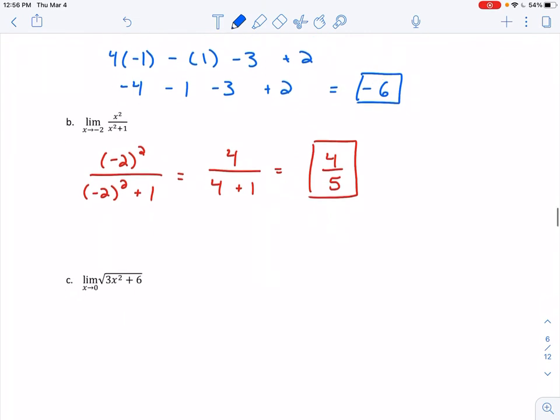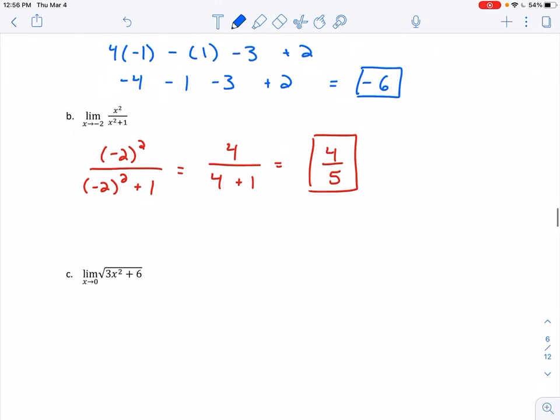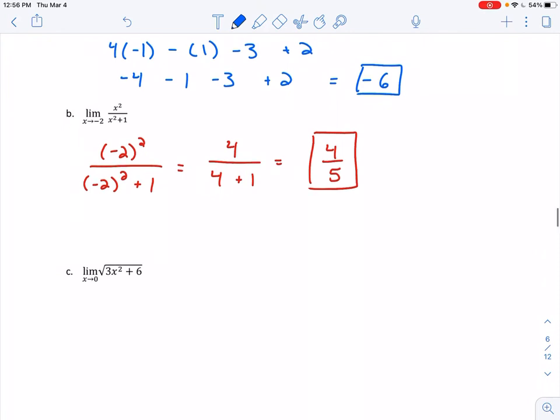So here I've got the limit as x approaches 0 of the square root of 3x squared plus 6. I'm just going to go ahead and plug 0 in for x, and as long as I don't end up with a negative under my square root, I'll have my answer. So I have the square root of 3 times 0 squared plus 6. So 0 squared, that's 0 times 0.